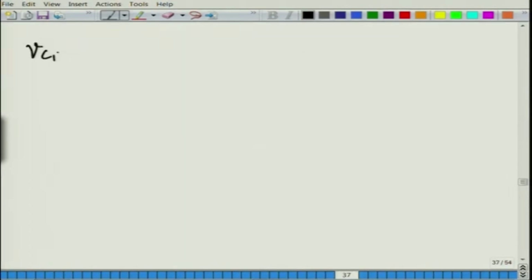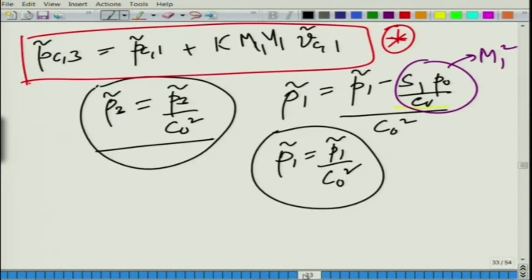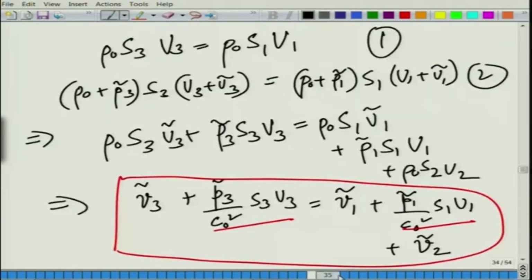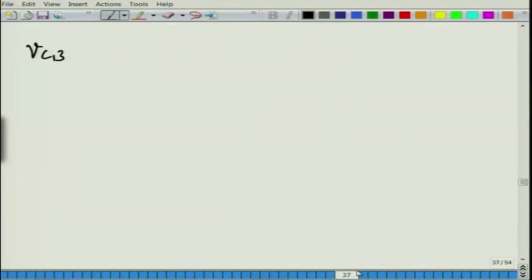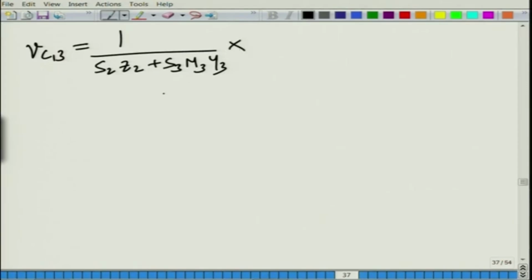that VC3. So, let us go back just a little, and we see that VC3 is equal to VC1 plus V2, okay, and we did all this algebra, and finally after significant simplifications, we will get S2 Z2 and S3 M3 Y3, okay, and this is multiplied by C2 S2.